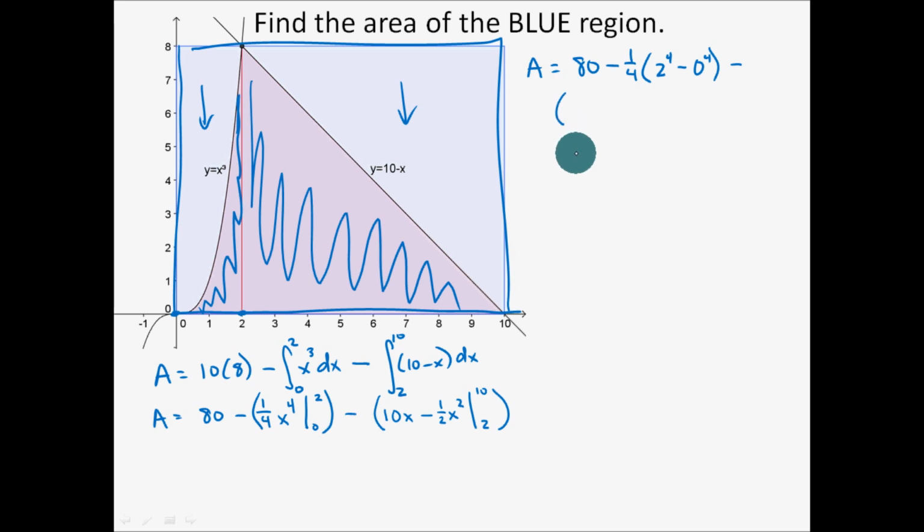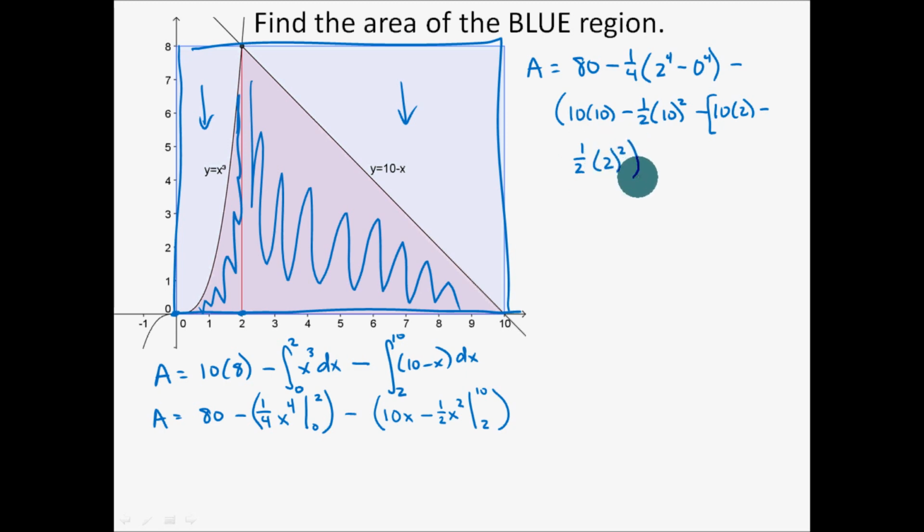Minus, I'm going to do all this in parentheses: 10 times 10 minus 1/2 10 squared, minus 10 times 2 minus 1/2 2 squared, close parentheses.